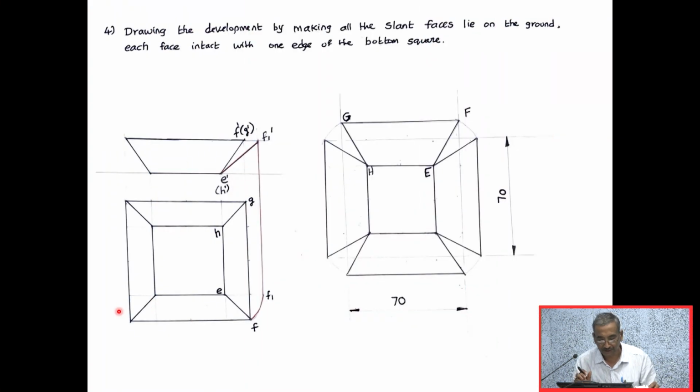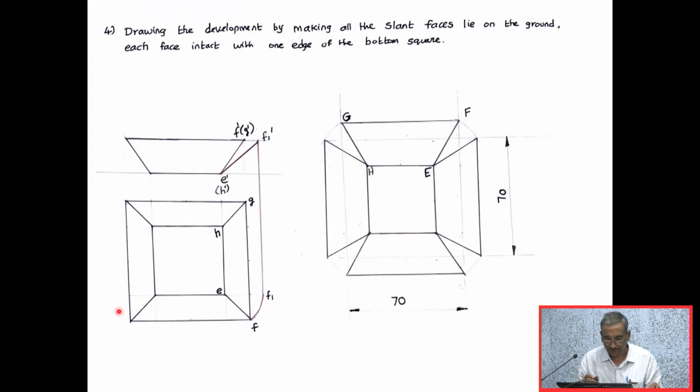I open out all the slant edges, slant faces to lie on the ground, and each slant face will be intact with the one edge of the square. So this is how I will be getting the development, and we will be seeing how to solve this problem, how to get the answer.